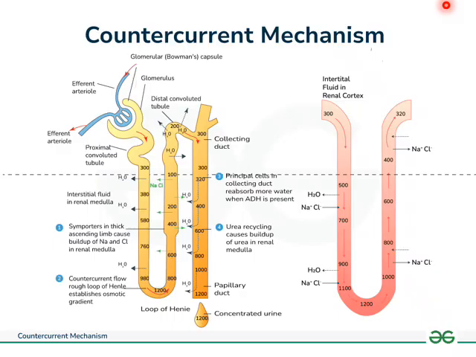And these are what you call the countercurrent mechanisms. There are two of them. One is called the countercurrent multiplier, and the other one is called the exchanger.